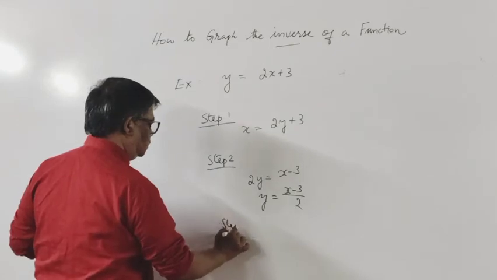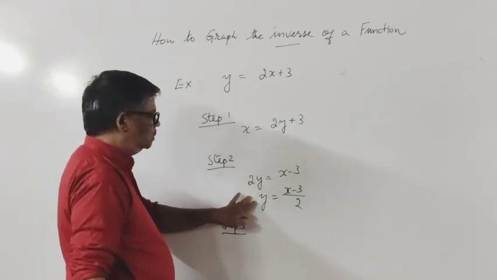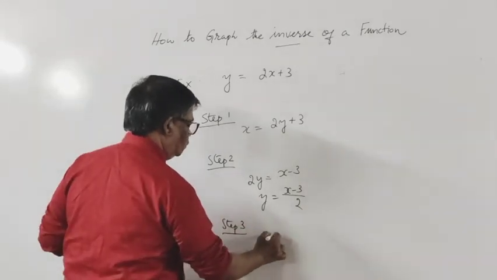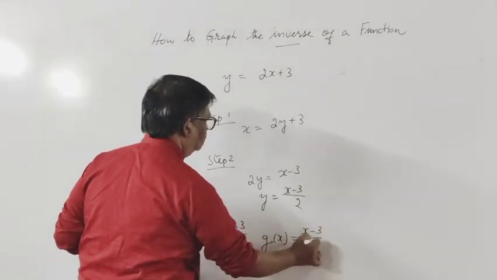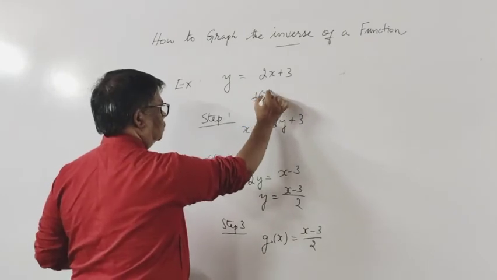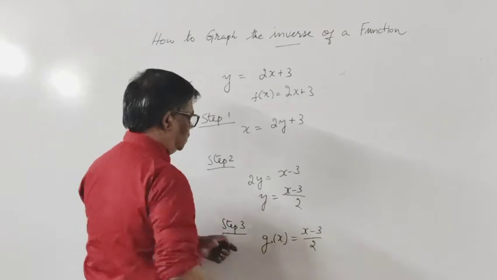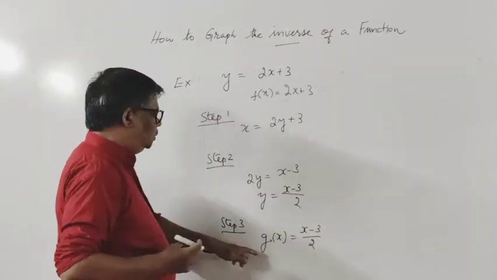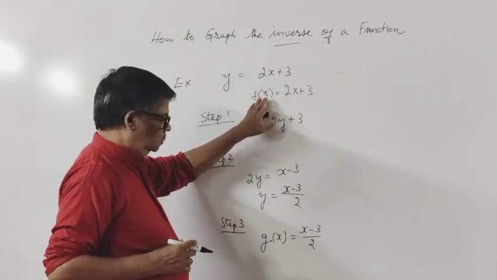In step 3, this y represents a function, so you can write any name for that. Suppose you write it as g of x. G of x is equal to (x minus 3) by 2. Actually this is f of x is equal to 2x plus 3, and here you get g of x is equal to (x minus 3) by 2. So actually g of x is the inverse of f of x.